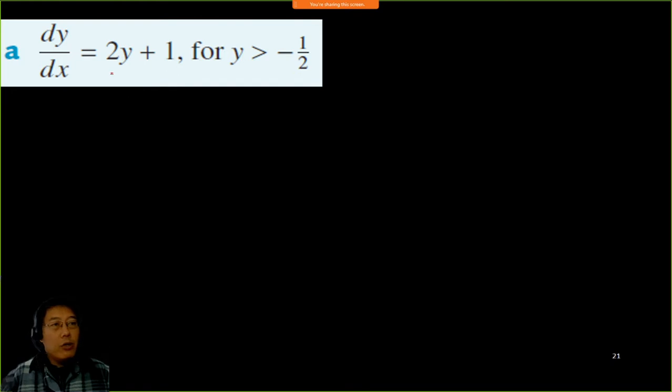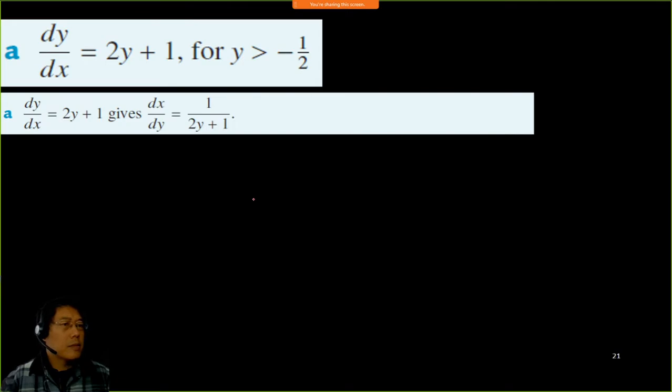So you have that. What you do is you need to separate the variables. It's slightly different. So you have dy over dx, and you need to regroup to separate the variables.